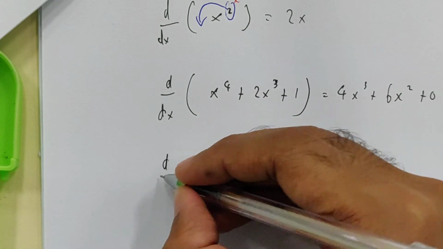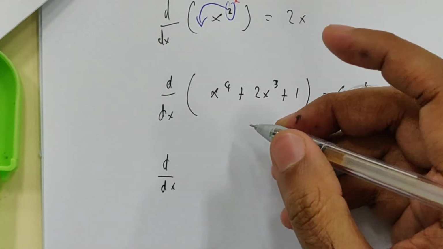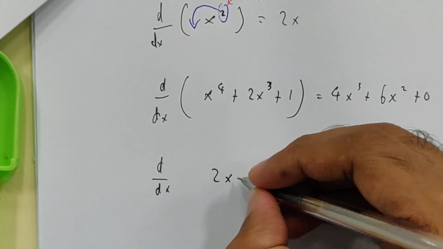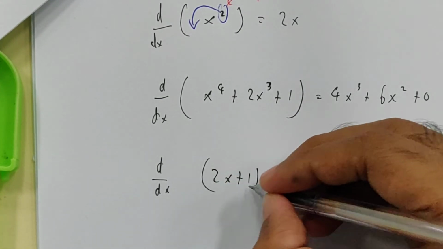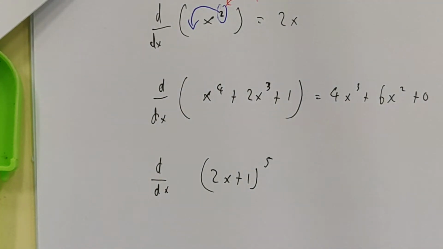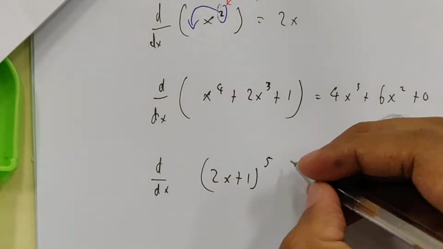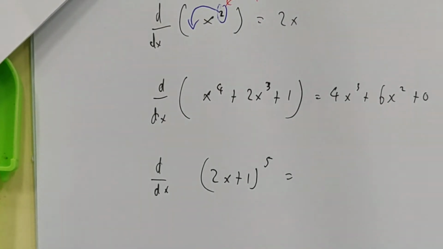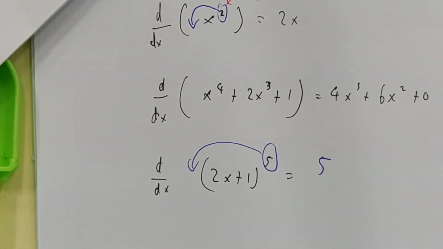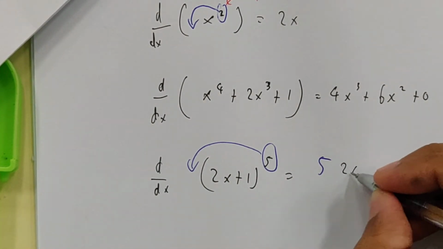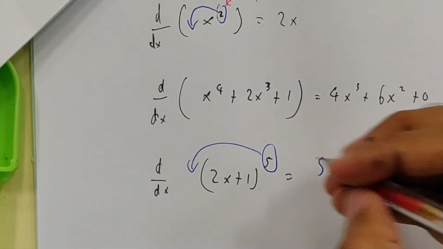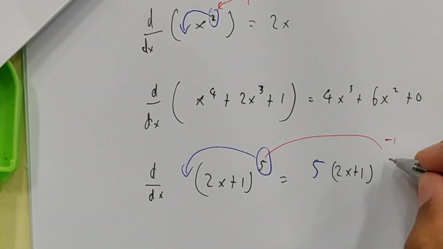Now what about this? Do you still remember? 2x plus 1, let's say to the power 5. Firstly, the 5 go in front, then you copy back, this 5 minus 1, 4.